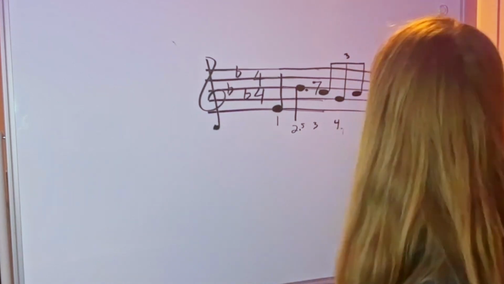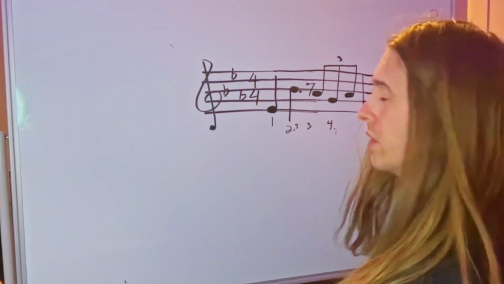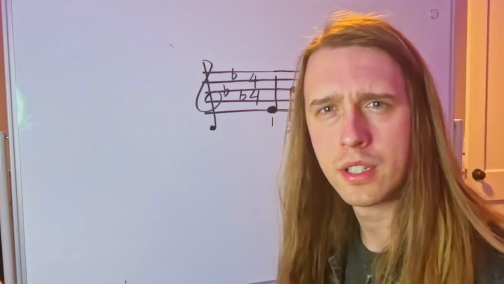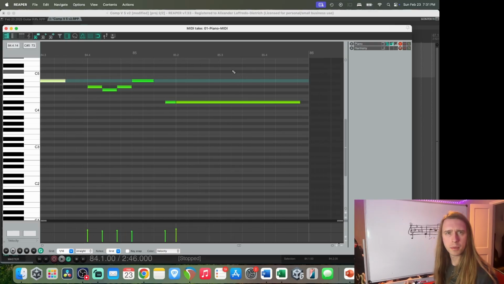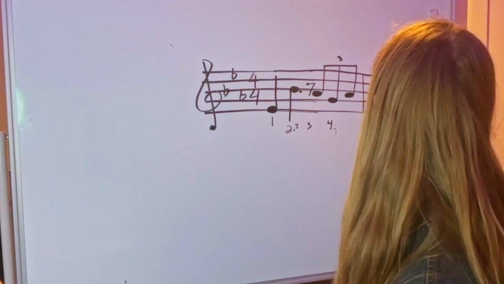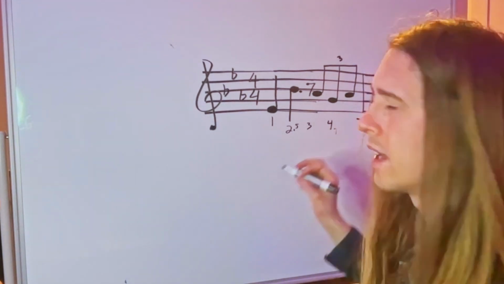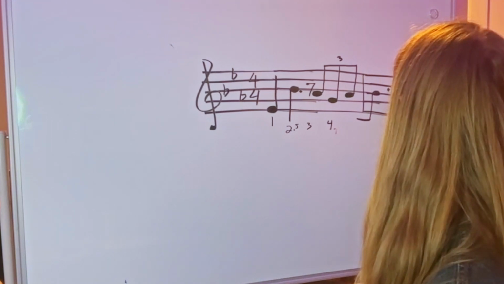And then my next is going to be really tight, pretty simple. I have an eighth note that is B flat. There's my little flag. I have a 16th rest.